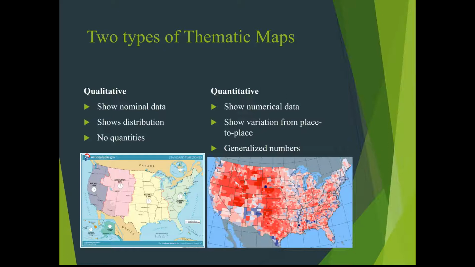Rather, it focuses on the location of the distribution. The quantitative map, on the other hand, shows numerical data, and it focuses on the variation of that numerical information from place to place. It is common practice to generalize numbers on a quantitative thematic map, so that the information being visualized can display potentially hidden patterns, and at appropriate scales.